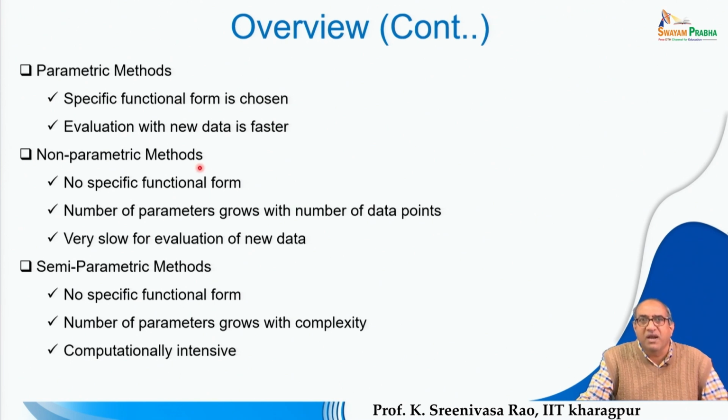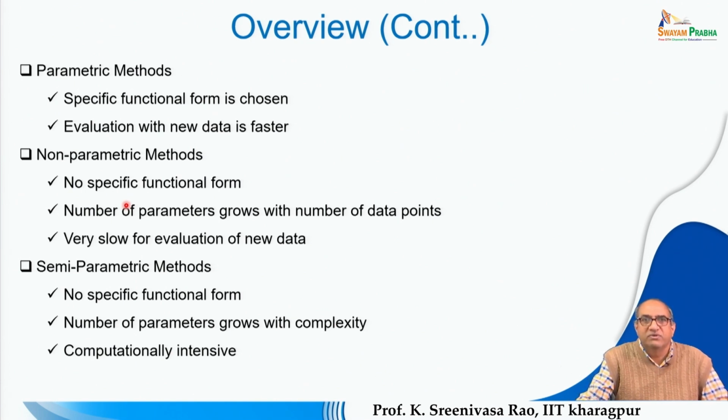Whereas in non-parametric methods it is completely the other way, orthogonal. We do not assume any functional form at all. Here we try to estimate the density at every data point, centered around that data point, and then we add all these densities together, which becomes the overall density of the given data.